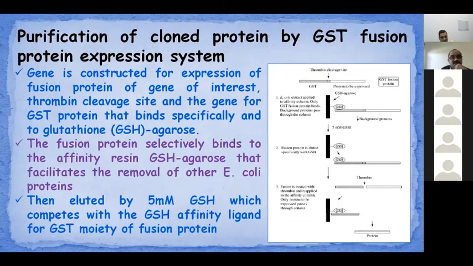When this protein mixture is passed through the column, the fusion protein selectively binds to the affinity resin, GSH agarose, which facilitates the removal of E. coli proteins.